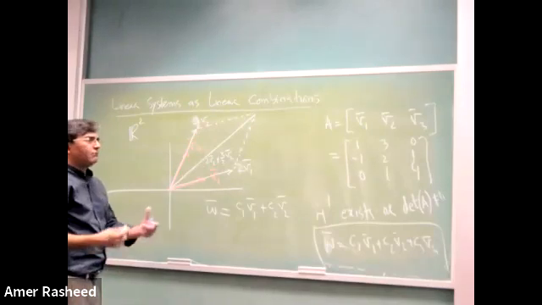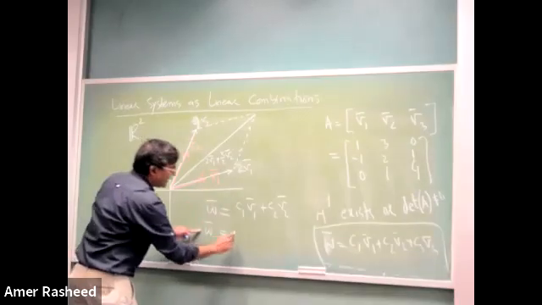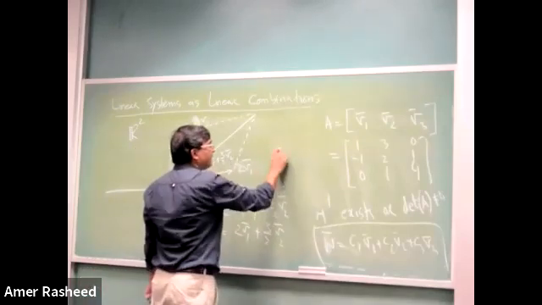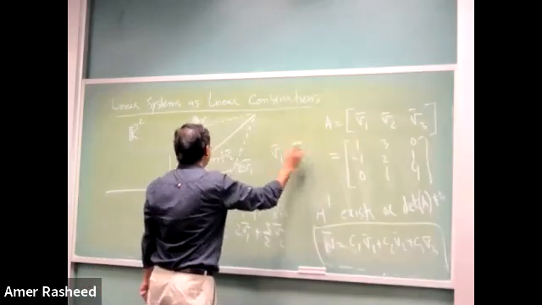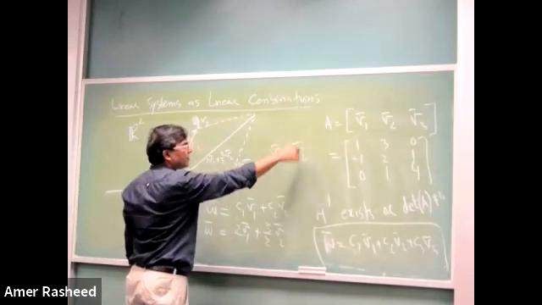I hope you get it. Sir, please repeat this concept. What will we write this W as here? It is 2V1 plus 3 by 2 V2. So the original vectors are V1 and V2, which are in red. Now, what is the linear combination of these two vectors?